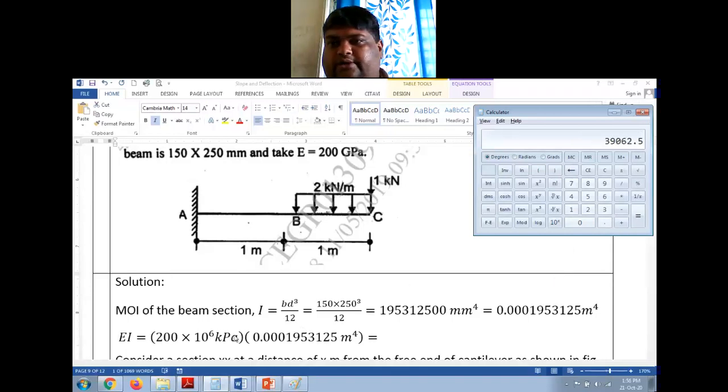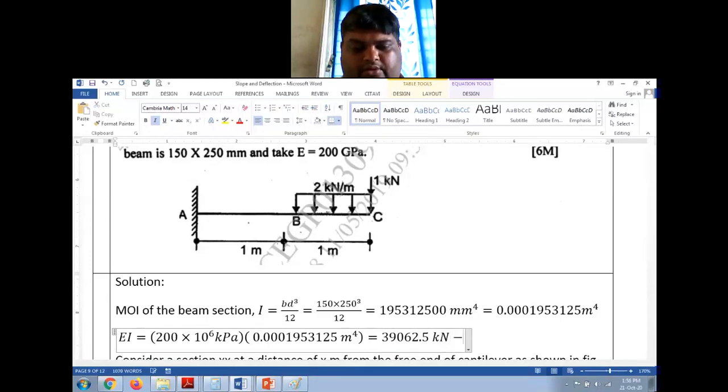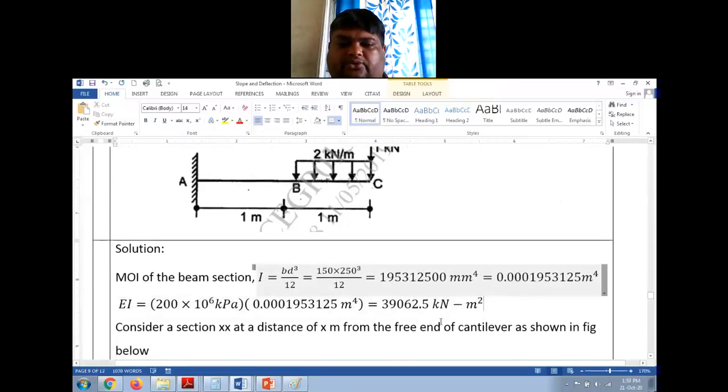So this product is this much EI, and this unit is kilonewton meter square, right? So this is called the flexural modulus. Now I have to use this as my EI.